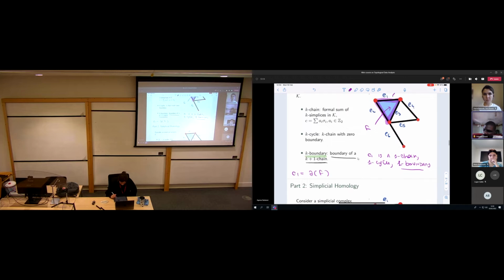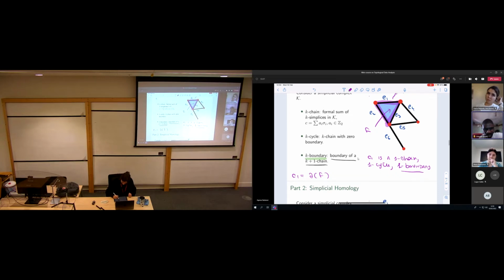Okay, so a k-boundary, let's put k equal 1. A one-boundary is a one-chain, so a set of one-simplices, which is the boundary of a (k+1)-chain, so a two-chain. In this case, we have C1, this cycle here.